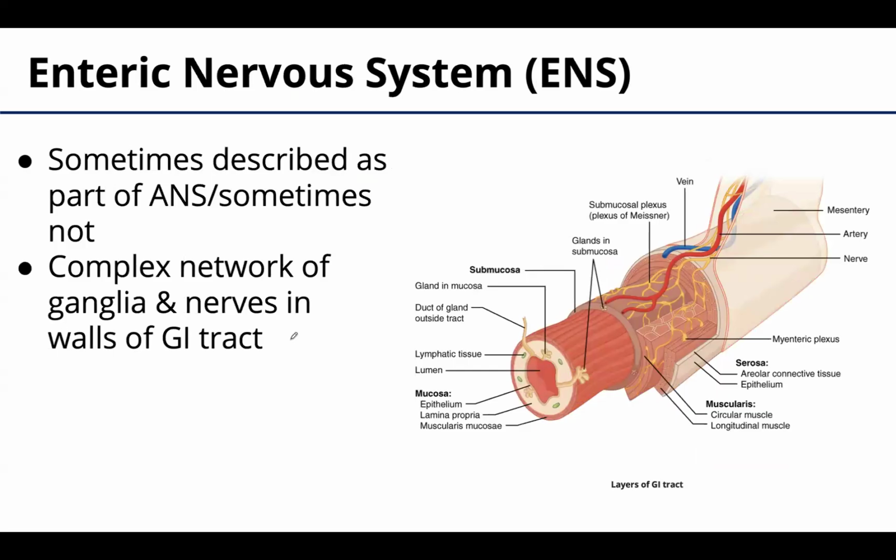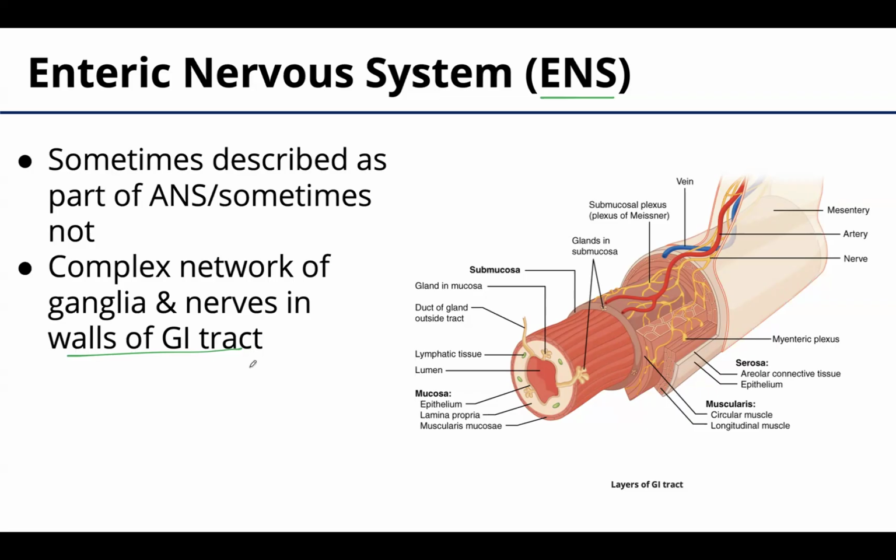Another system or division that I want to introduce is the enteric nervous system, or the ENS, because it is sometimes considered a part of the autonomic nervous system or sometimes considered individually. Now, the enteric nervous system is a complex network of ganglia and nerve fibers that are associated with the walls of the gastrointestinal tract.